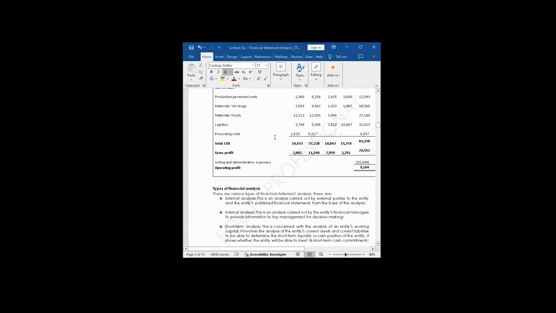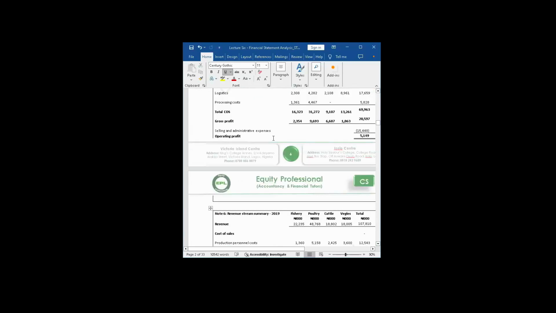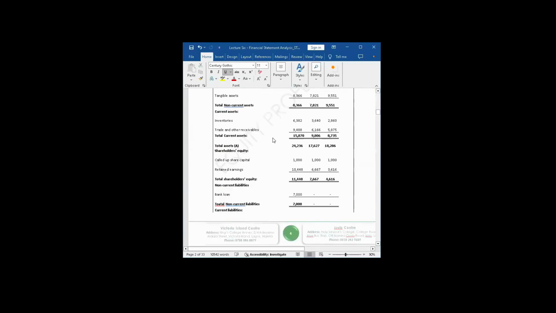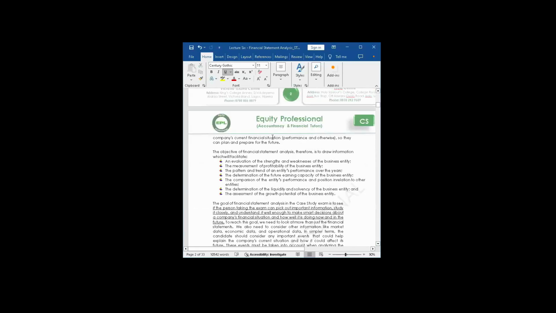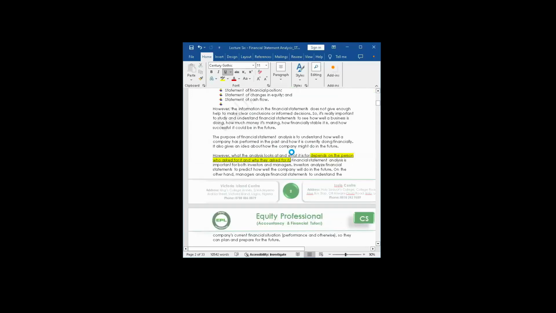Whatever analysis we are doing will depend on the person who commissioned it. That takes us to different users and their interest in financial statement analysis.